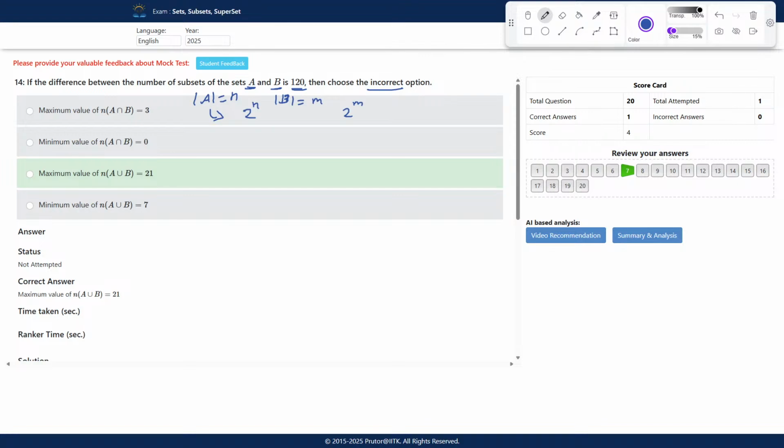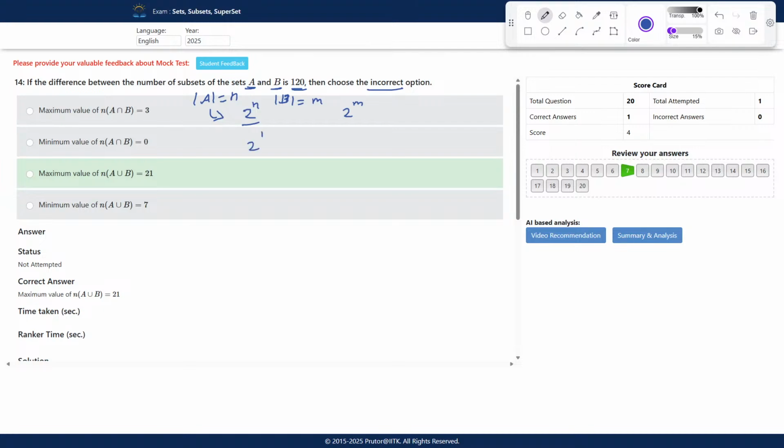Yes, option C is the correct one. It is not correct actually, but in this context the correct option is C. Total number of subsets for A is 2 raised to power n, for B 2 raised to power m.